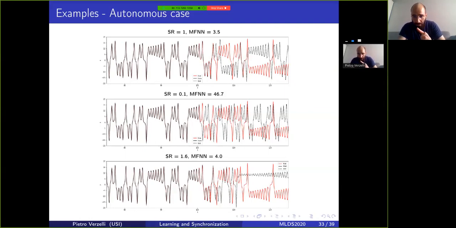And same thing, but when we use a large spectral radius, we see that the MFNN is small, 4, and it used to be 3.5 for a spectral radius of 1, so it's fine. But you see that after a short time, the system will just start oscillating with this nonlinear oscillation, and then it will do something weird, but it will stop reproducing the attractor.